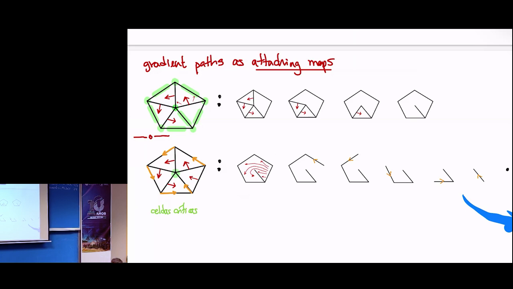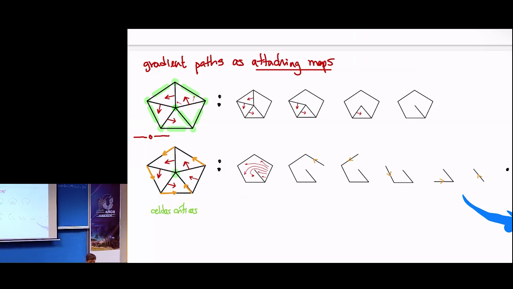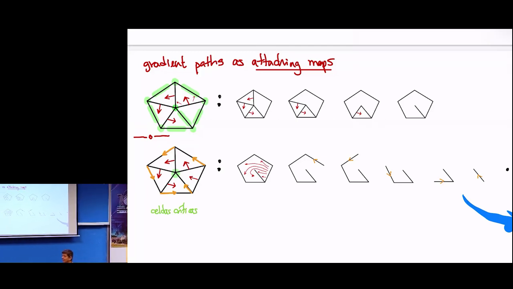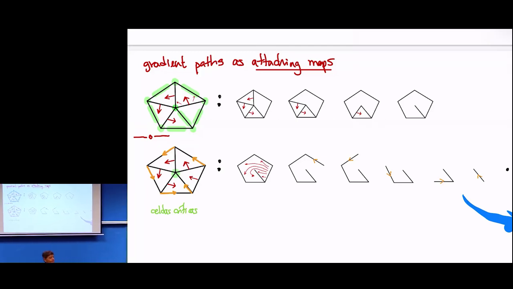And of course, you recover the homotopy type of this solid pentagon. So this is a very strange way of saying this pentagon is contracted. It's a stupid way of putting this, but it's a systematic way.